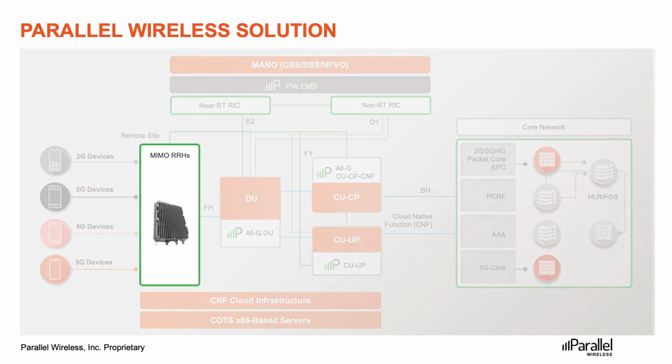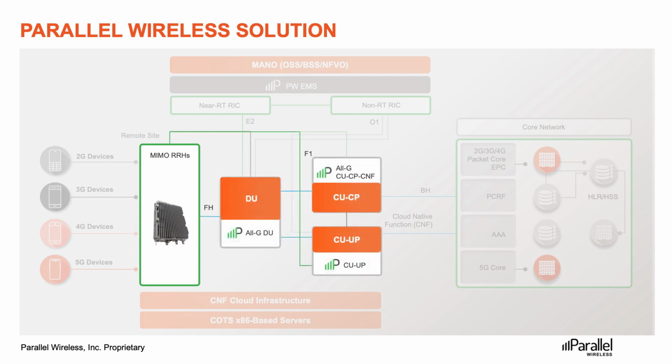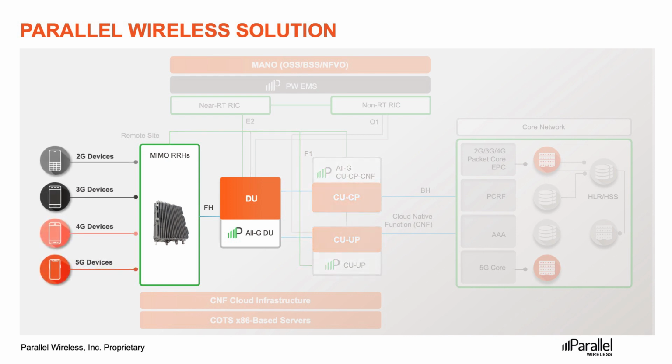Parallel Wireless is providing RU options with multiple radio hardware vendors. These RUs can interconnect with PW DUs and CUs, or they can connect to other certified DUs and CUs from other vendors as long as they are part of the Open RAN ecosystem. We also provide software packages for DUs spanning across all the Gs, which means that we can provide service for 2G, 3G, 4G and 5G, enabling the customers to gain maximum flexibility.